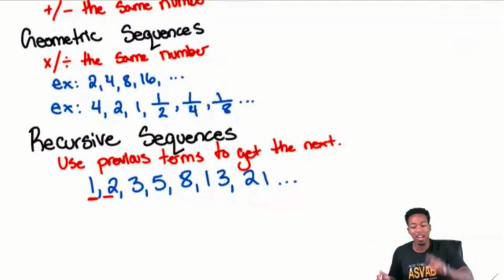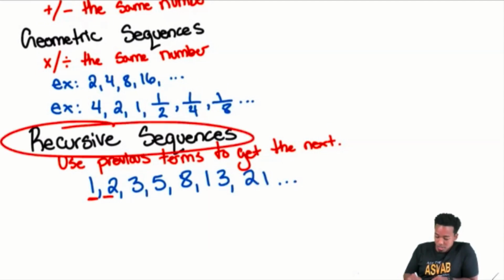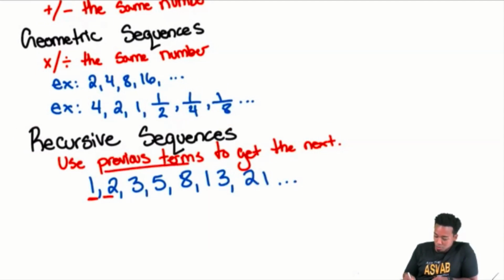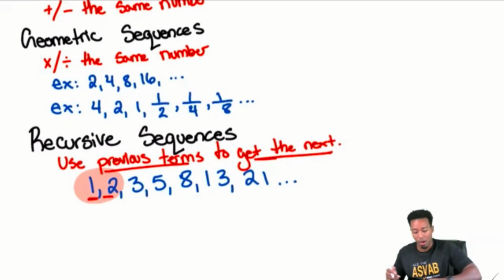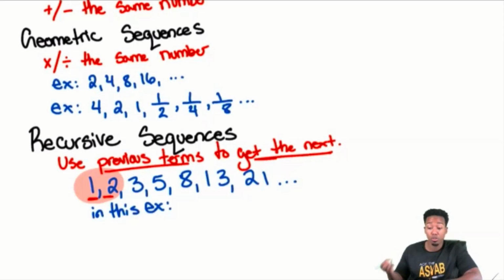So one more time, I got you, Nate. A recursive sequence essentially uses previous terms to get the next. We have these 2 terms right there, and then we build upon it. So in this example, you start with 1 and 2.